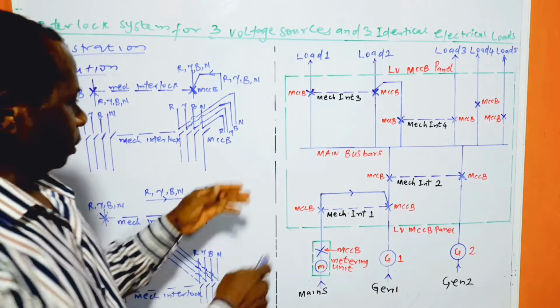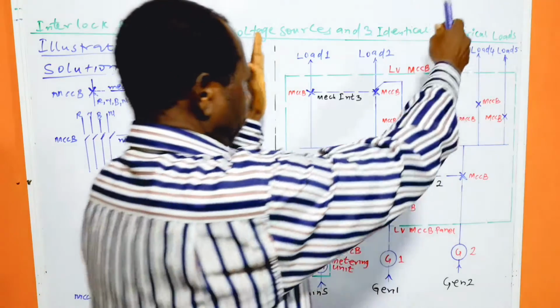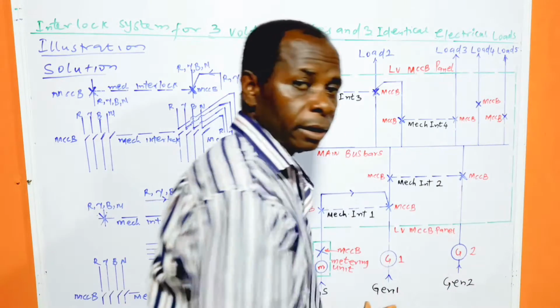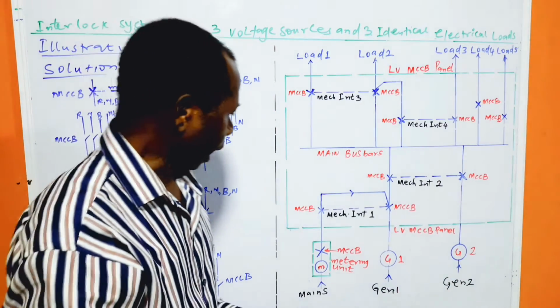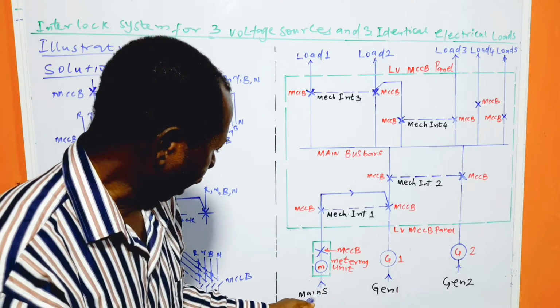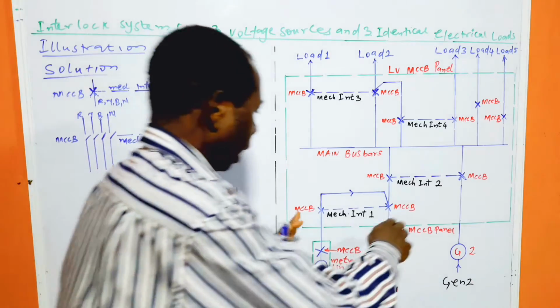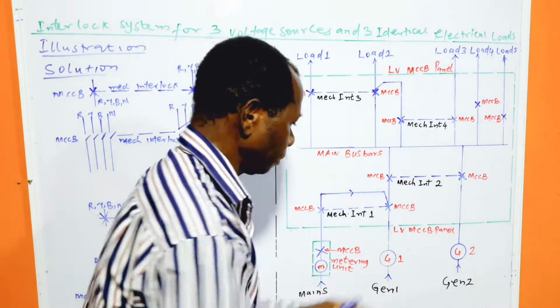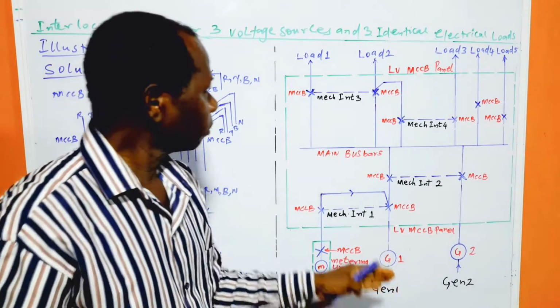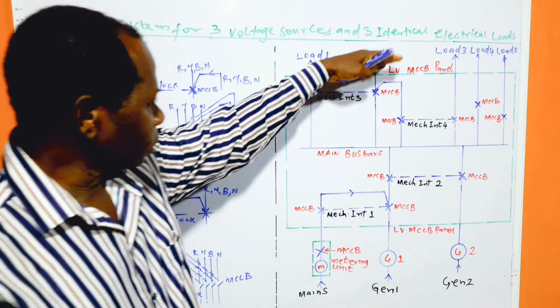Now, this is the power distribution schematic diagram. And we have the mains, generator 1, generator 2. And these are the 3 voltage sources. So this side, this is the load side.